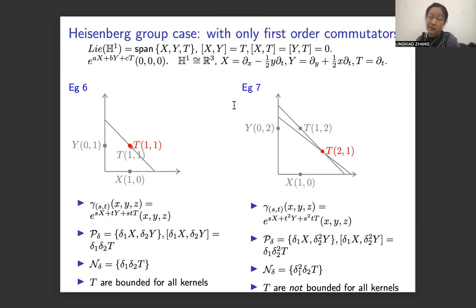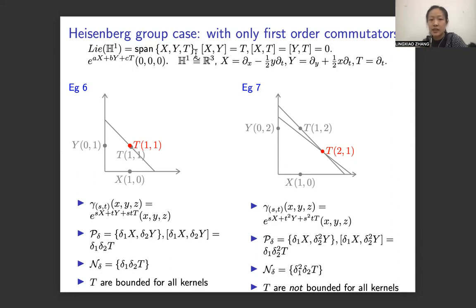So we have just dealt with a very simple case. Now let's look at the Heisenberg group case, which is still very simple, but slightly more complicated than the previous case, because it has commutators, but only first order commutators. The Heisenberg group is a Lie group whose left invariant vector fields are all linear combinations of the basis vector fields X, Y, T with constant coefficients.